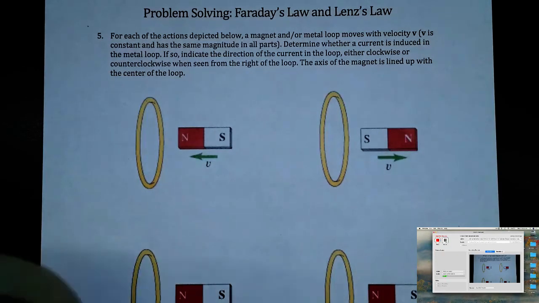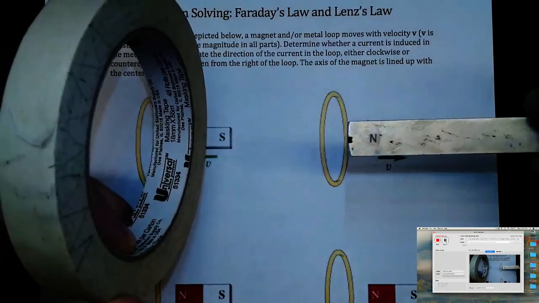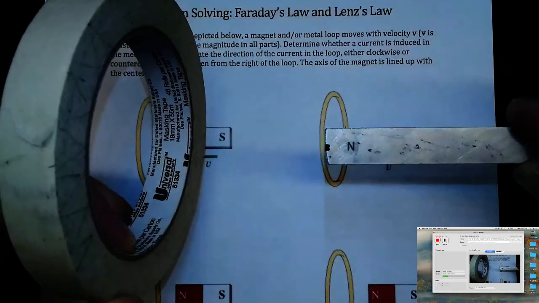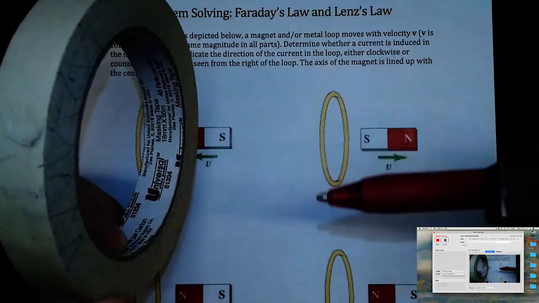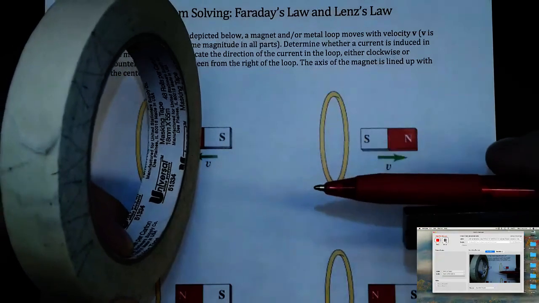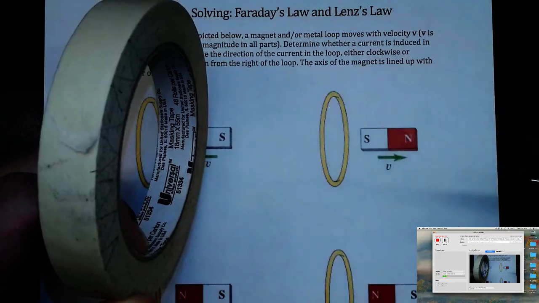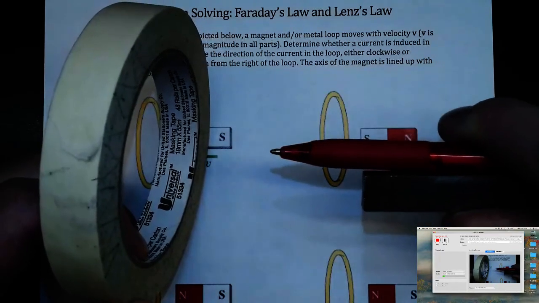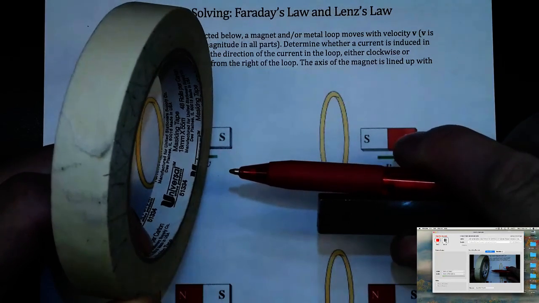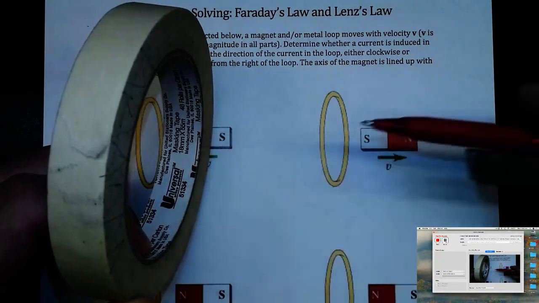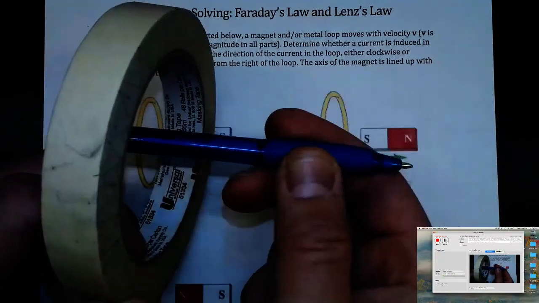So in the first scenario, I have a stationary loop, and the magnet is going to be approaching. The magnetic field from this magnet that I'm holding points to the left. I'll use my pen to symbolize the direction of the magnetic field. That magnetic field is pointing to the left, and as it's approaching the ring, it's getting stronger and stronger, which is increasing the magnetic flux from that external magnetic field in that ring, which means the ring is going to induce its own magnetic field in the opposite direction.